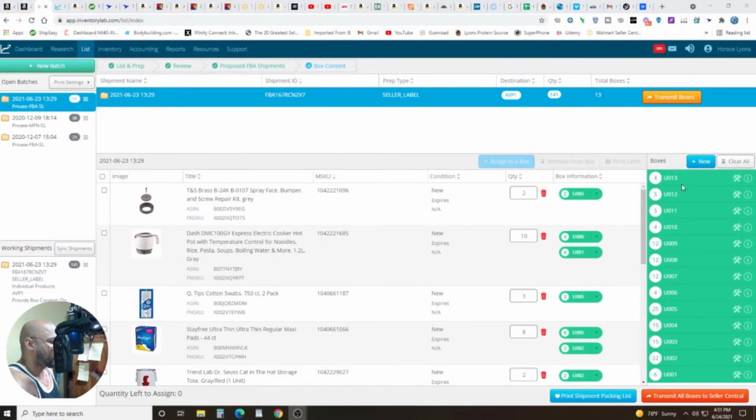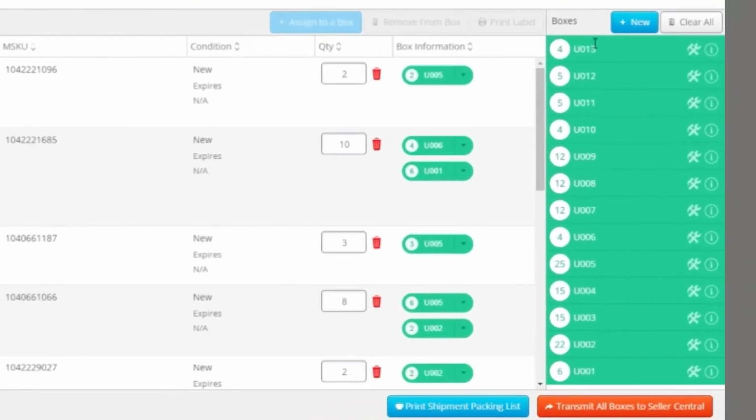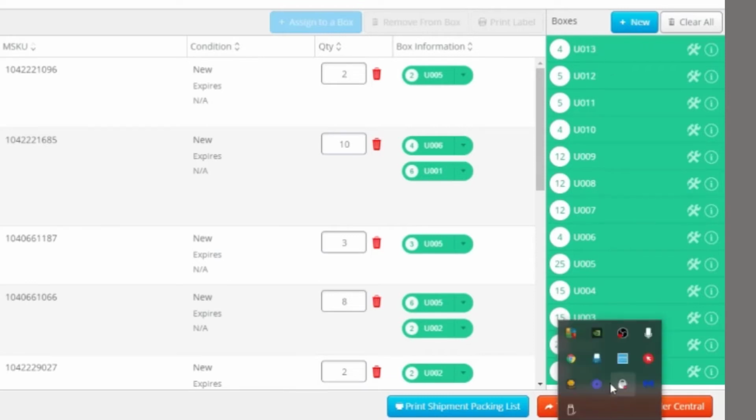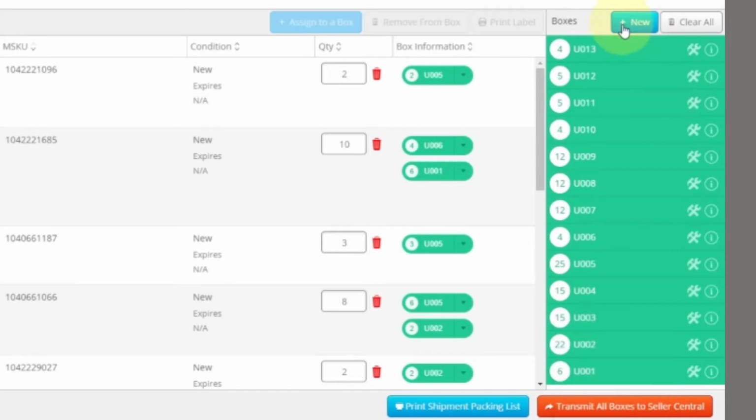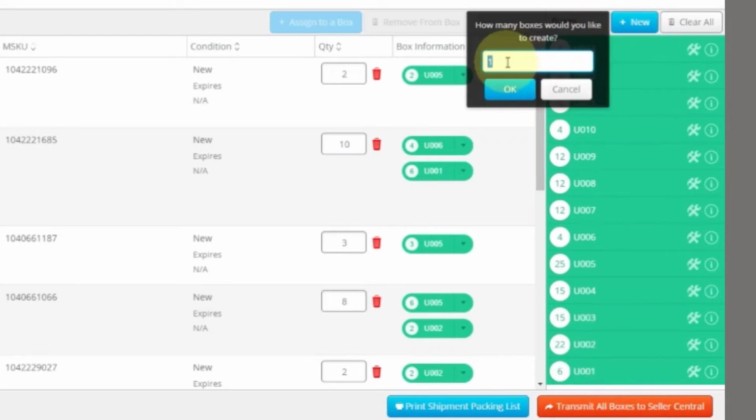Now you can see you've got 13 boxes, from 1, 2, 3, 4, 5, all the way up to 13. And here's what I would say. If you know you have 13 boxes, don't come here and add all 13 boxes. You don't want to do it this way.